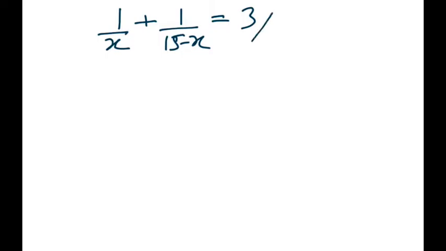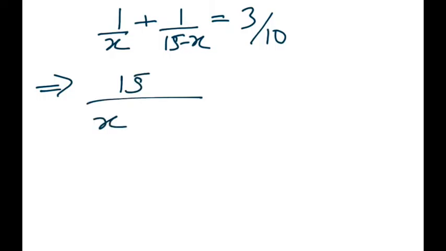So according to the given condition, 1 by x plus 1 by 15 minus x equals 3 by 10. Once you solve this, you will get 15 by x into 15 minus x equals 3 by 10.